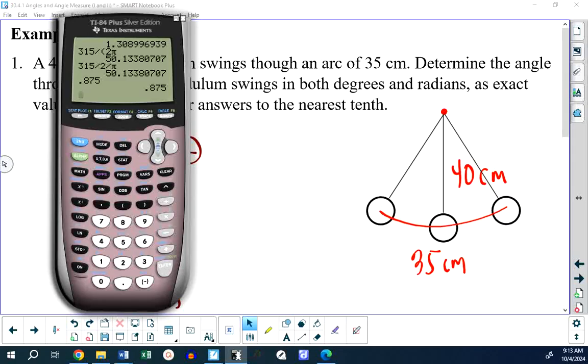And I'm about to show you something that's really stupid. If I say 60 and I hit enter, my calculator says it's 60 degrees. I know that seems weird. Is this 0.875 degrees? That's radians. So what we have to do is tell the calculator that it's 0.875 radians and then hit enter and it'll tell us how many degrees it is.